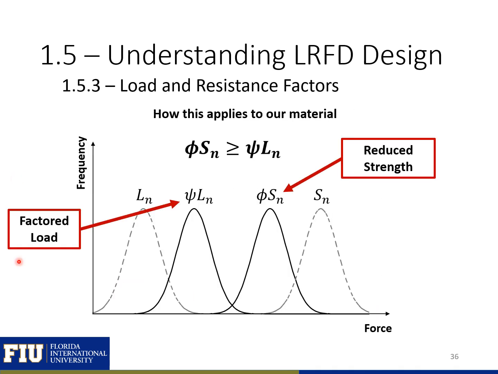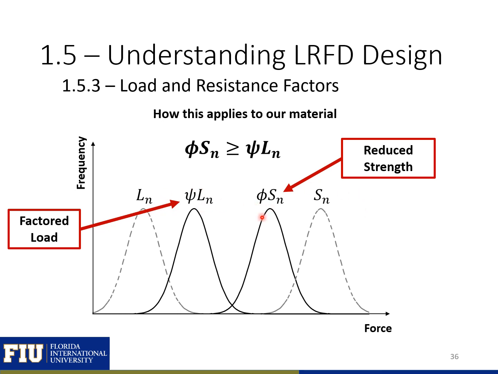Our load and our strength will typically follow a normal distribution. So if we plot our load observations and our strength observations for any one set desired load and desired strength, we can then factor our load and reduce our strength.